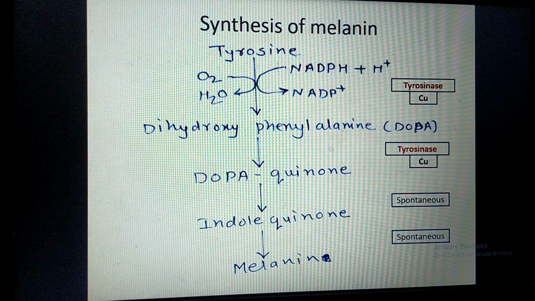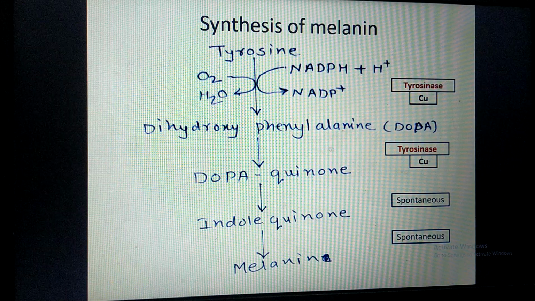Now these tyrosinase enzymes are present in melanocytes of the skin. This tyrosinase requires copper as a coenzyme or cofactor, you can say most properly. So in this case, again 2 hydrogen atoms are donated by NADPH and an oxygen molecule is added.